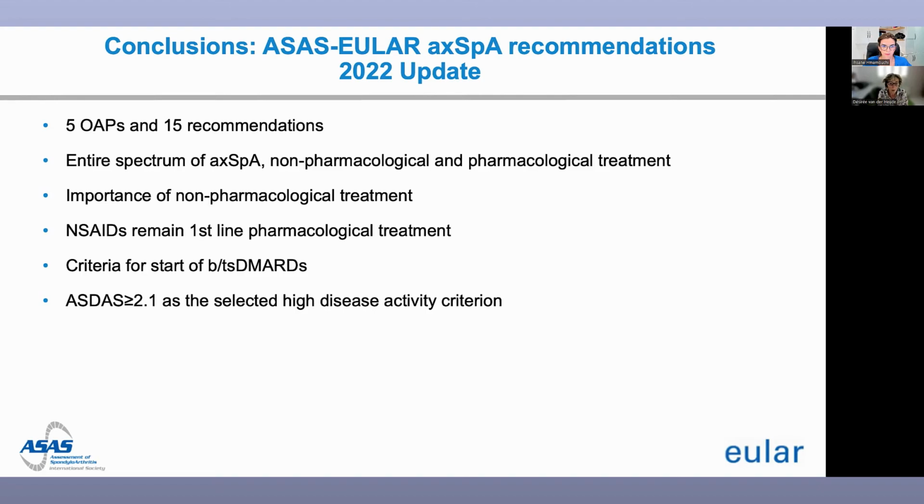Also, NSAIDs remain the first-line pharmacological treatment. We stated criteria for the start of biological and targeted synthetic DMARDs. A change was that only ASDAS 2.1 or more is selected as a high disease activity criterion, so no longer BASDAI at least 4.